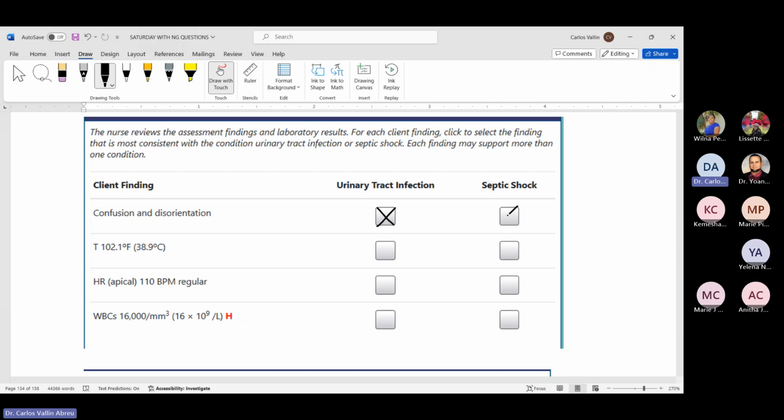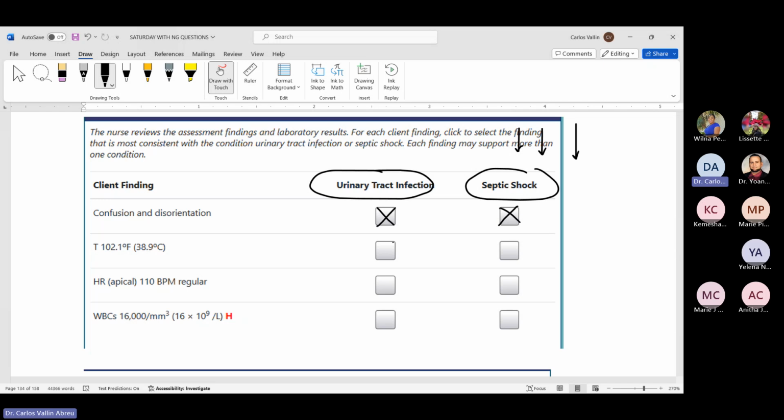And in any client that has shock, we have confusion and disorientation because the brain is not receiving enough blood flow and enough oxygenation. So this parameter doesn't allow us to discriminate a localized infection versus a systemic inflammatory response syndrome in presence of an infection, producing hypotension, producing hypoxia, and anaerobic metabolism.